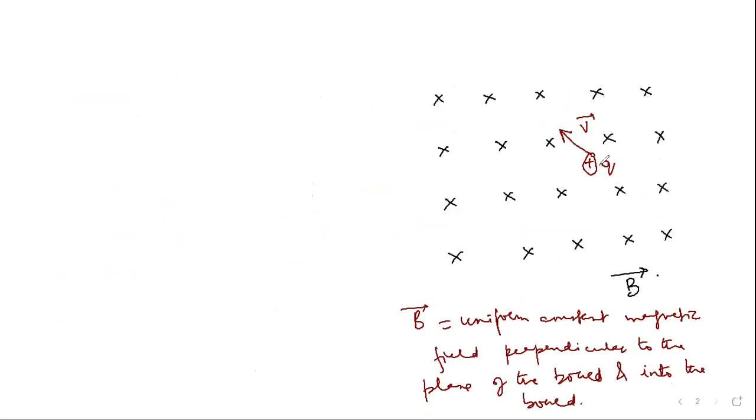So V is this way, field is downward, and V is perpendicular to magnetic field B. So what is the direction of the force?